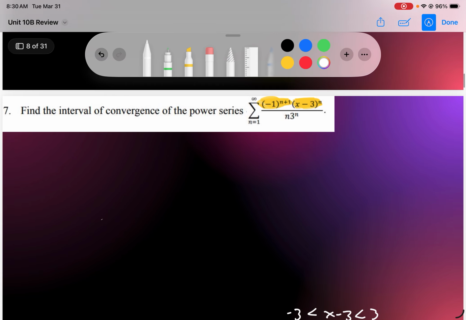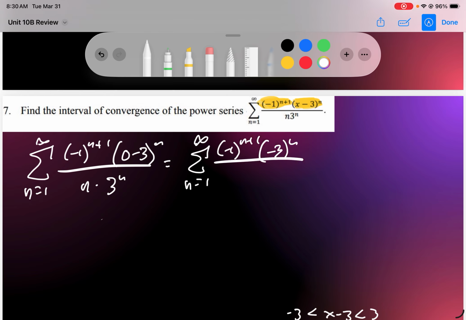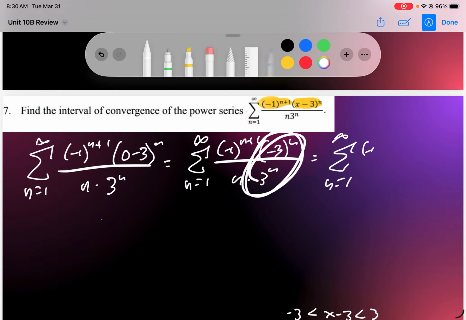So I've got to plug in 0 for the x. So I've got this series, negative 1 to the n plus 1, 0 minus 3 to the power of n, over n times 3 to the power of n. Now I'm going to rewrite this and mess around with it. Okay, this becomes another negative 1 to the power of n.